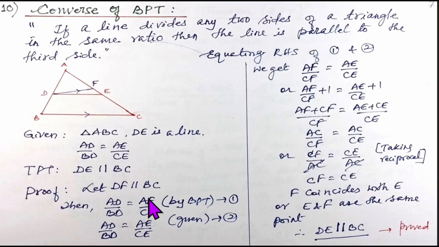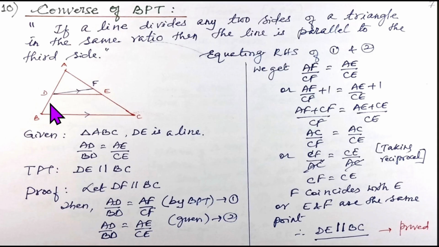Now we have been given that AD upon BD is equal to AE upon CE. See, by taking DF as parallel, we got the ratio by BPT, and what is given to us is AD by BD is equal to AE upon CE. Now you find that the LHS is the same, so I can equate the RHS. By equating the RHS, I get AF by CF is equal to AE by CE. Now adding 1 on both sides, I get AF plus CF by CF equals AE plus CE by CE.